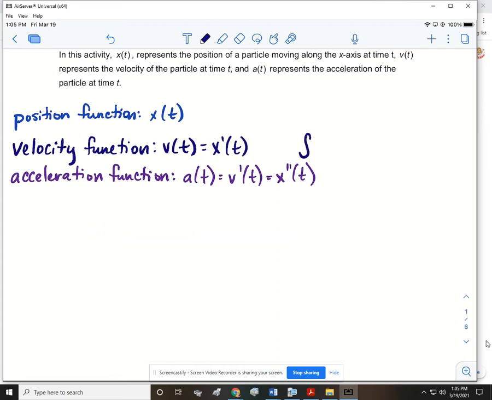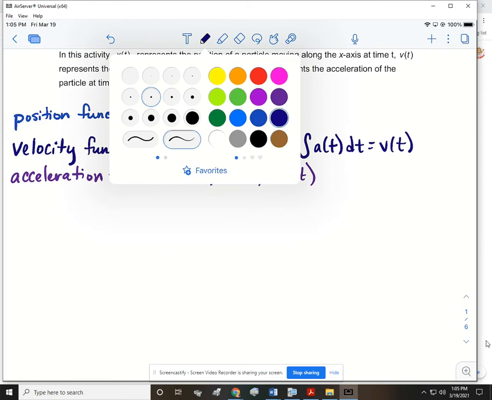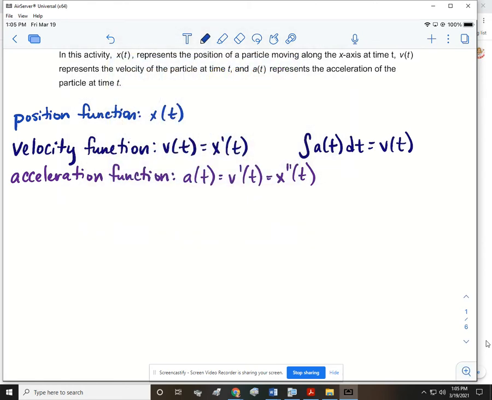So the integral of a of t dt is going to give you the velocity function. All right, and we also can go up the ladder the other direction to go from velocity to position. So the integral of the velocity function is going to give you the position function. Okay, so that's a new relationship over there.